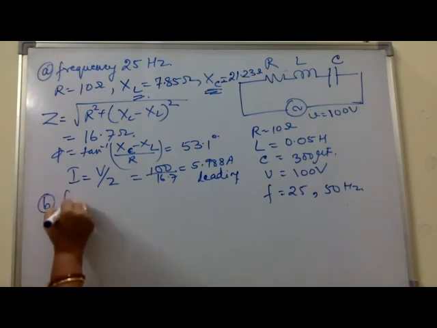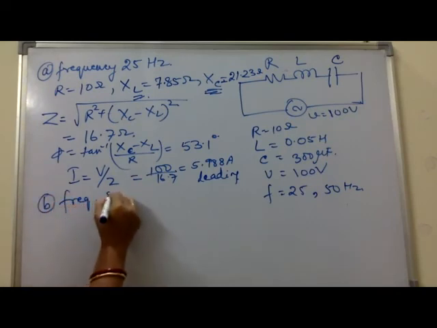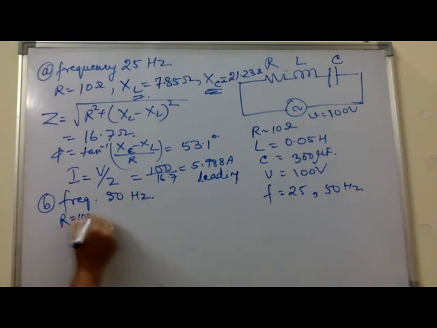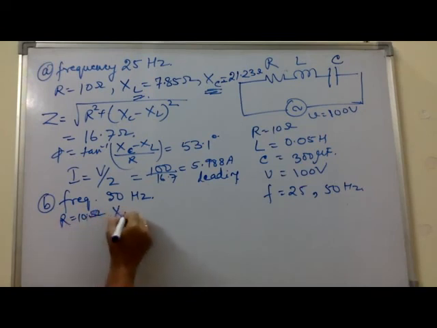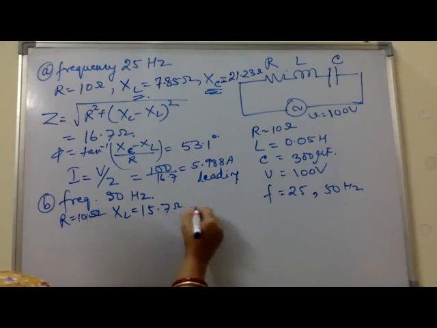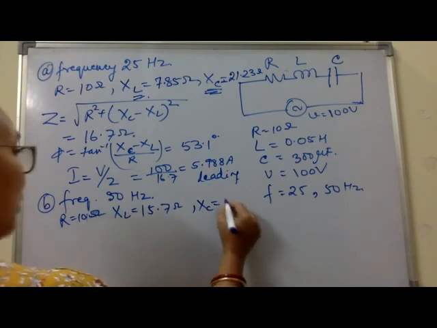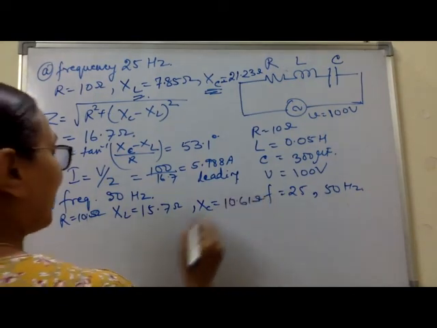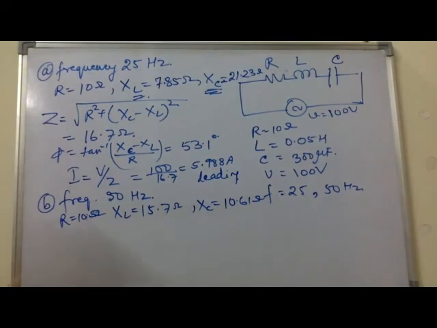Now the second part, when the frequency is 50 hertz, R will remain the same, that is R is equal to 10 ohms. XL is 2 pi FL, substitute F is equal to 50 and find XL, which comes out to be 15.7 ohms, and XC at 50 hertz will be 10.61 ohms, that is 1 by 2 pi FC.